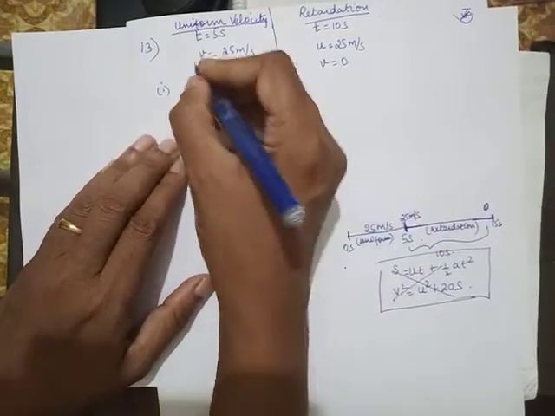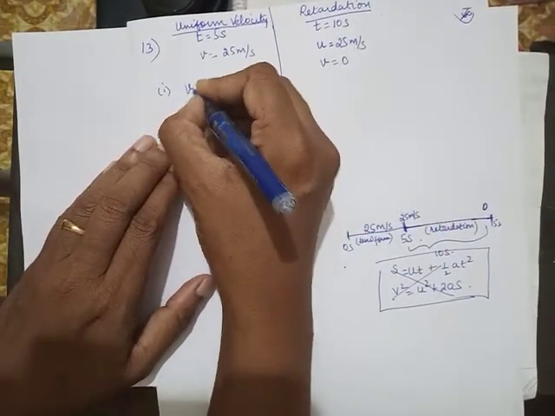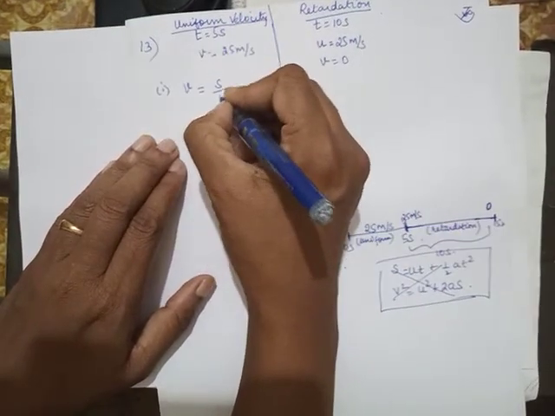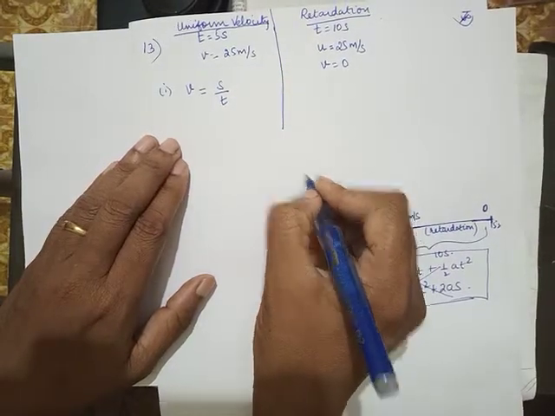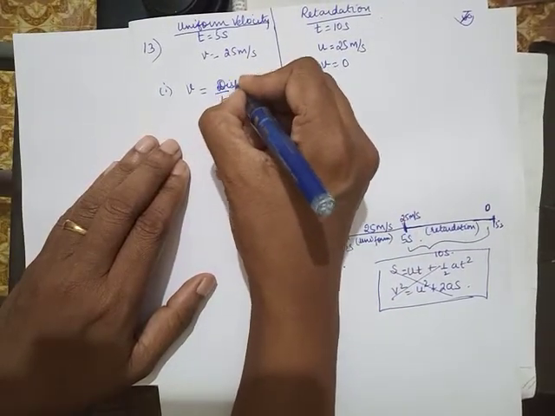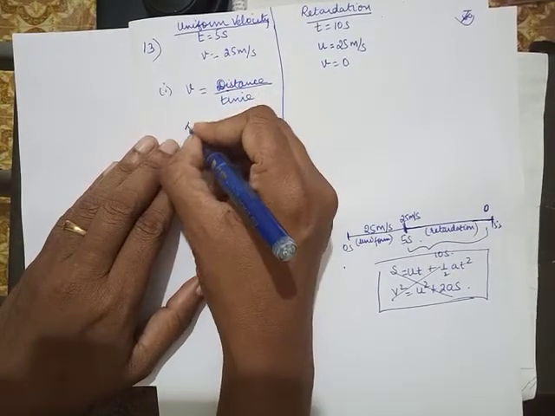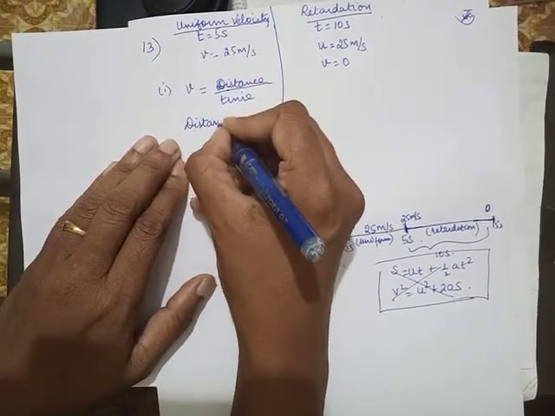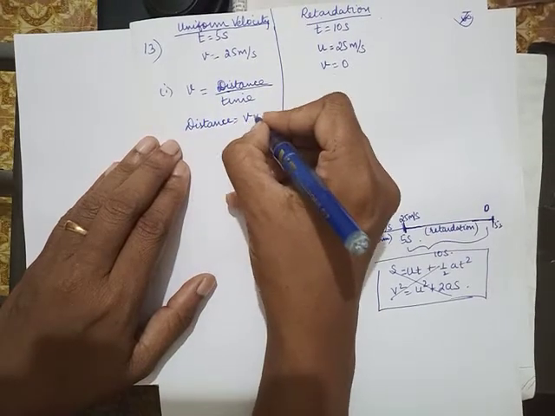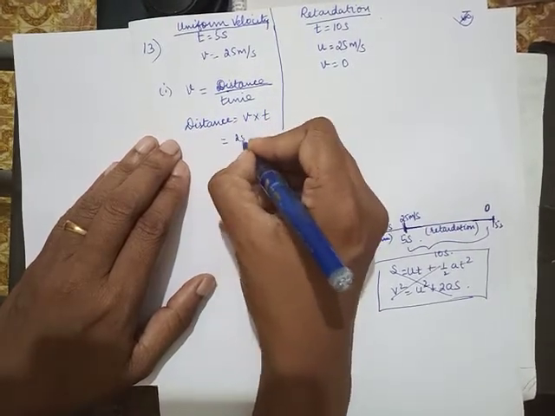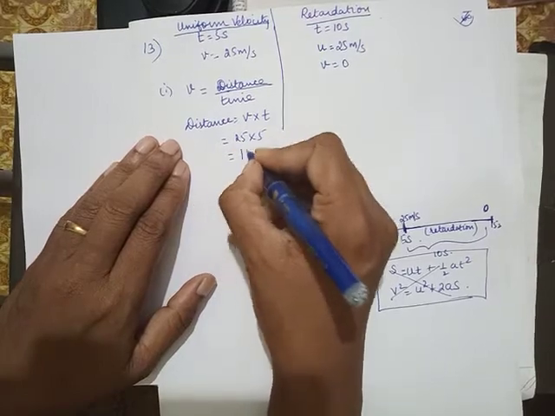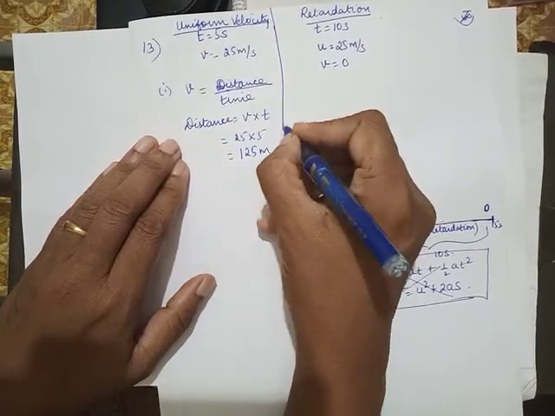You have to use the simple formula, that velocity is distance upon time. So distance will be velocity into time, 25 into 5, that is 125 meter.